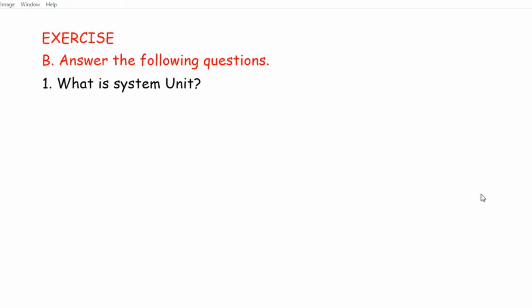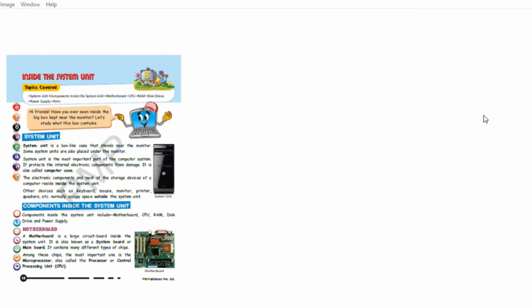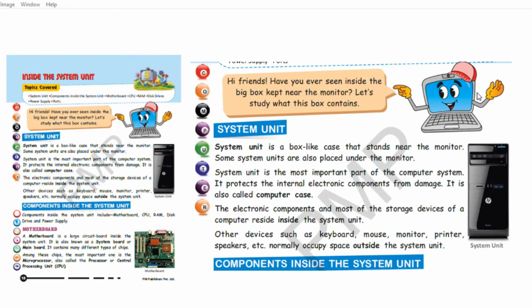Now to find out the answer to this question, open your book, page number 18. Look at page number 18. Now see here. The answer is here. Underline it. System unit is a box-like case that stands near the monitor.